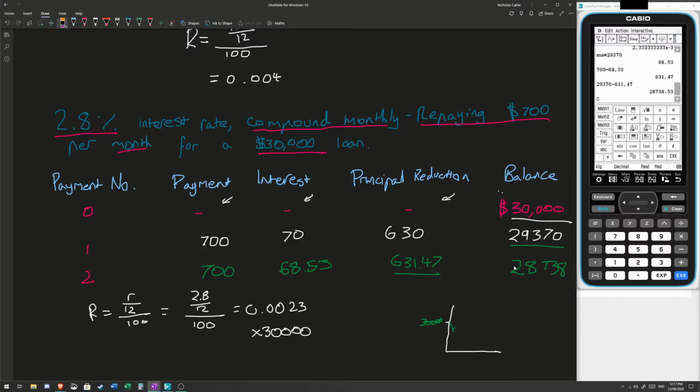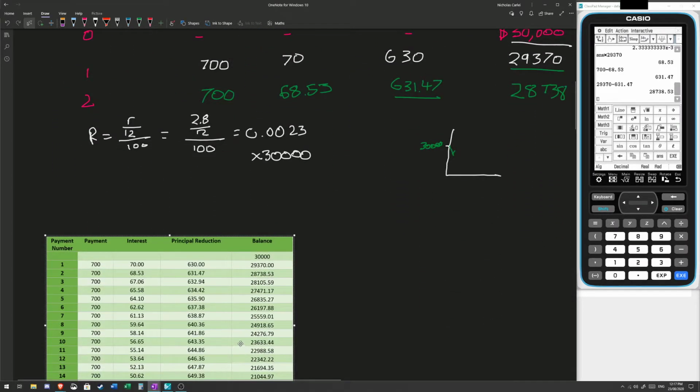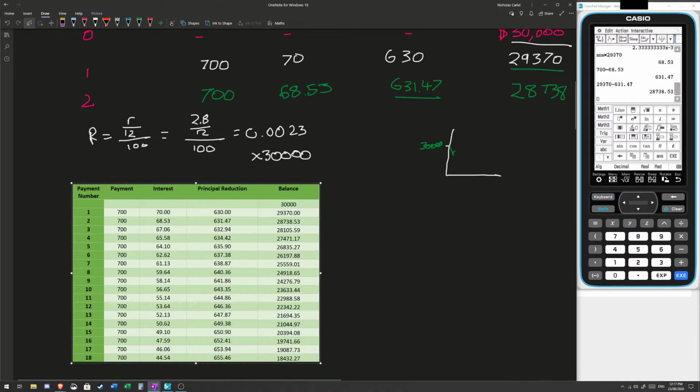Right, cool. So what I've got down here is the full amortization table. So this was done in Excel. Usually in questions, you won't be asked to draw 18 rows of this.